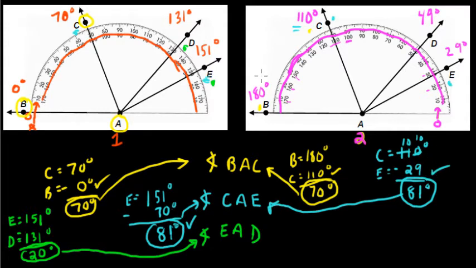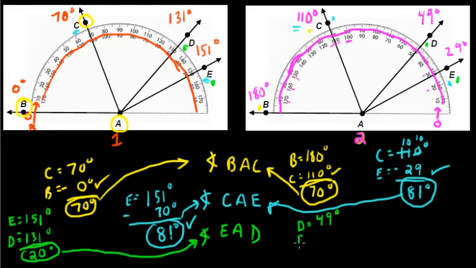Same thing, different technique. The key is I'm consistent. I use the bottom row numbers over here, I use the top row numbers over here, and the last one, you guessed it, will probably be the same, but let's just double check. We're going to do angle EAD. So E is right here, and D is right here. In this case, D is bigger, so we're going to start with D. And D equals 49 degrees.